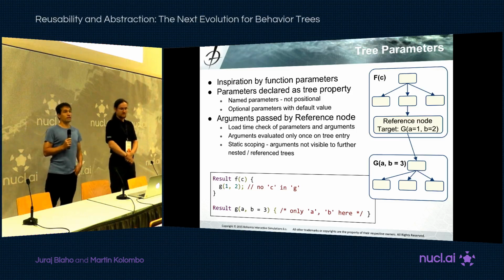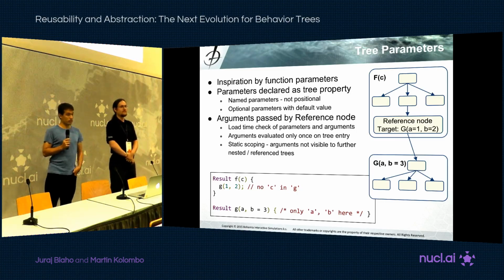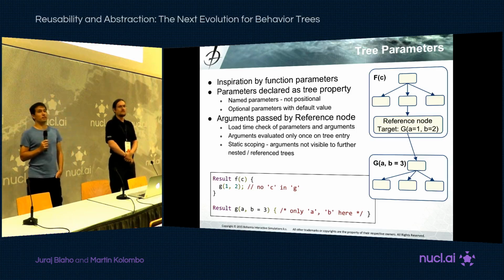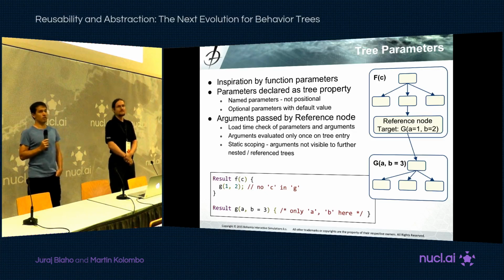It may seem counterintuitive that we don't propagate parameters into nested trees, but propagation would be equivalent to so-called dynamic scoping, which is usually considered to be harmful, not good for encapsulation, and hard to reason about.